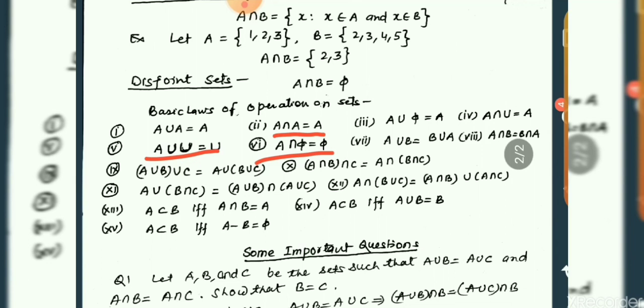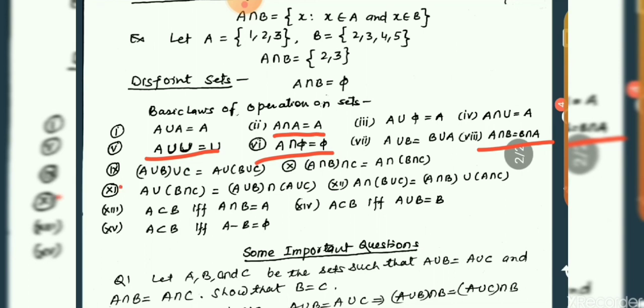A union B is equal to B union A. Actually this is property of commutative under operation union. So A union B will be same as B union A. And now same happens with the intersection property.